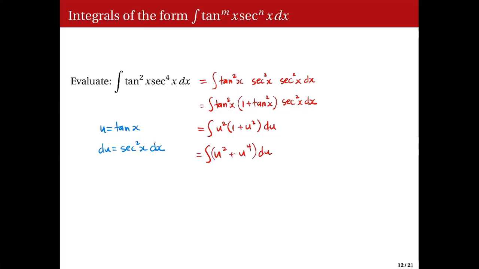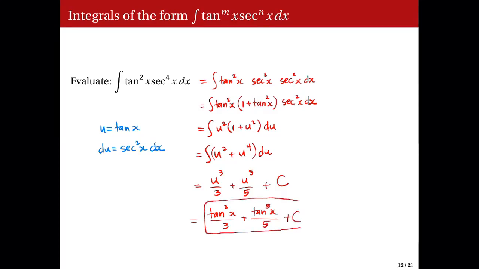And so, integrating this, we will have u cubed over 3 plus u to the fifth power over 5 plus c, or we have tangent cube x over 3 plus tangent to the fifth power x over 5 plus the arbitrary constant c.